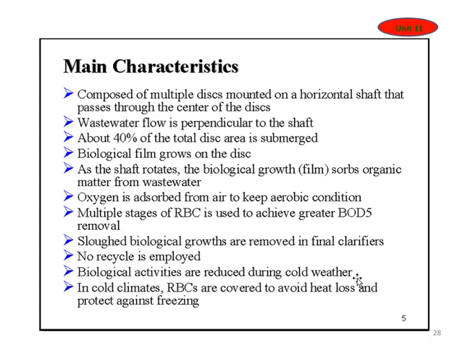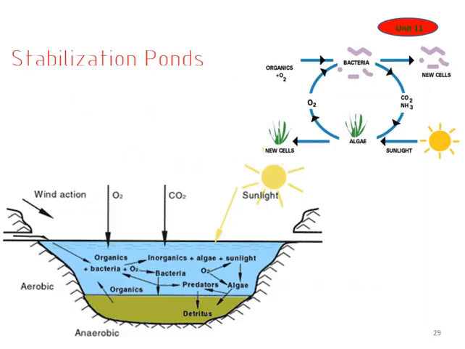So if it is a cold weather area, the efficiency of the treatment is low, like in Canada and other places where they are not using RBCs. But in a cold climate, if you have RBCs, you have to cover them to avoid heat loss, so the bacteria will work, otherwise the efficiency will become very low.